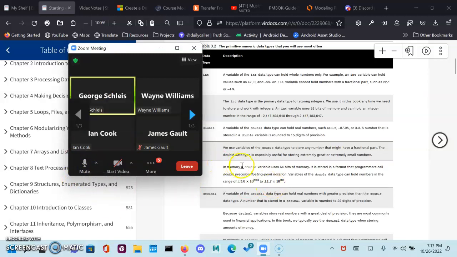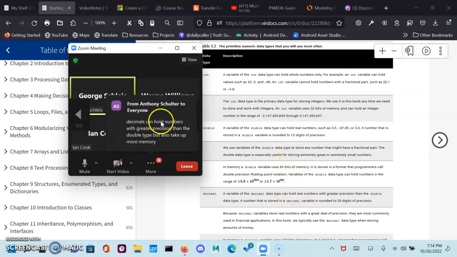Well, I'm looking at just that data type itself. They actually have doubles, they have ints, right? But this idea of something called decimal.